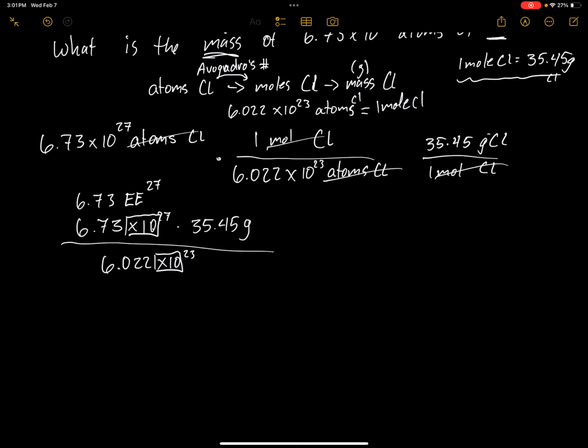So this one, we're going to do multiplication on the top and then divide it. This would also work as an EE. So I'm going to put that into my calculator real quick and double check, or just get that answer as well. Your phone calculator should have this too. If you hit it sideways, you can do the 6.73 EE 27.